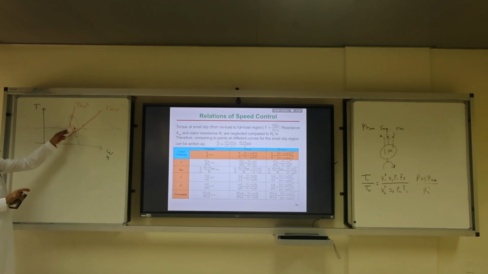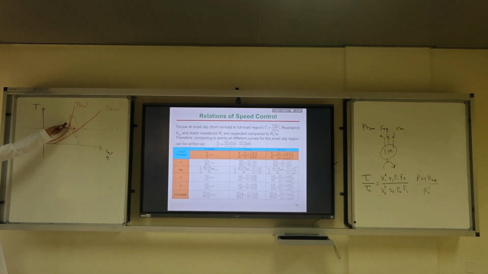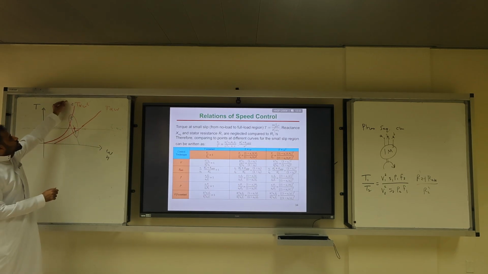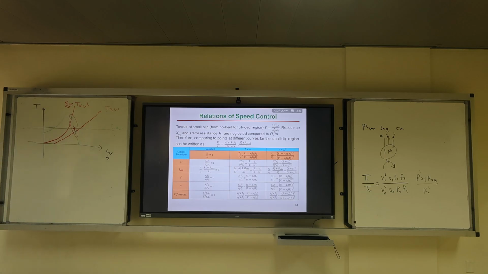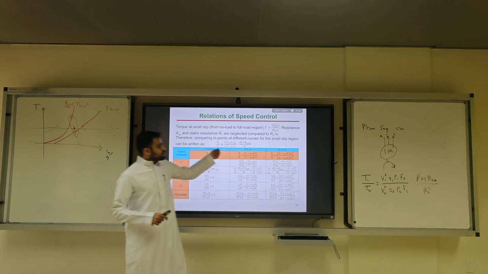So if you have a constant torque, you will have the load constant, so your shaft will adjust at this slip. For linear, at the slip. For quadratic relationship, we call this a fan load. Okay? Fan load. So the relationship is this way.